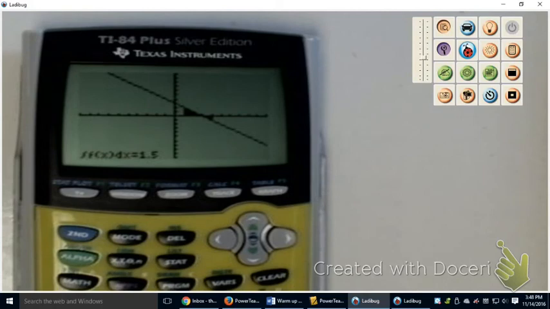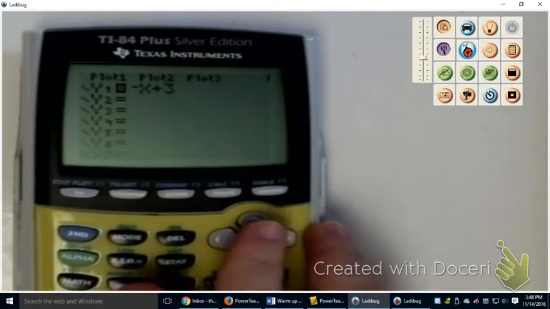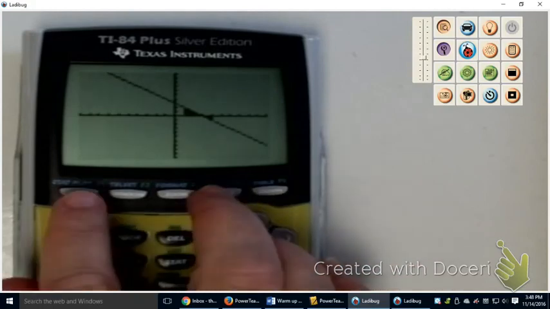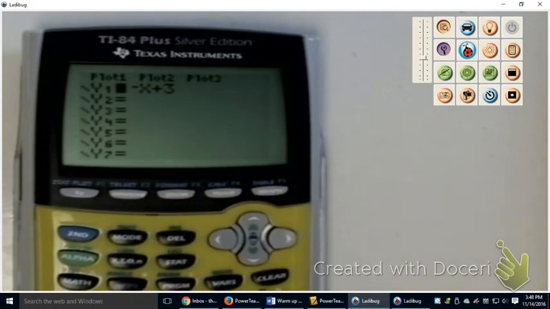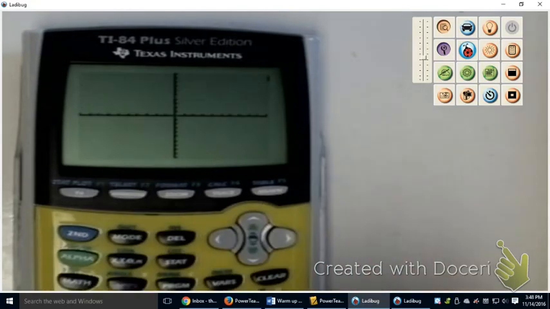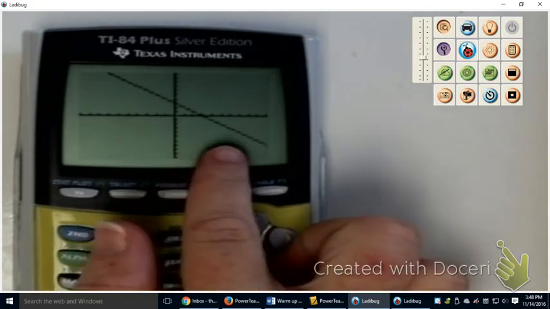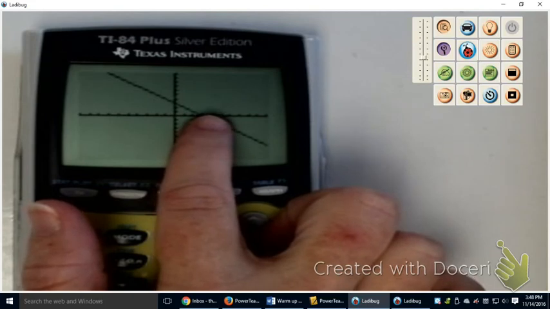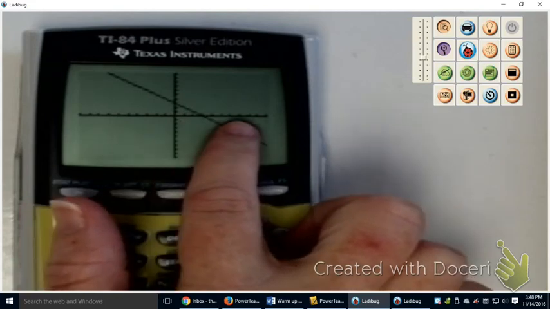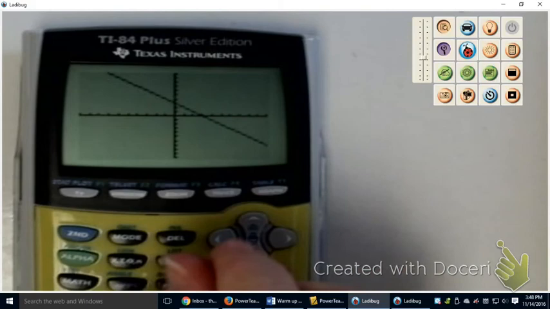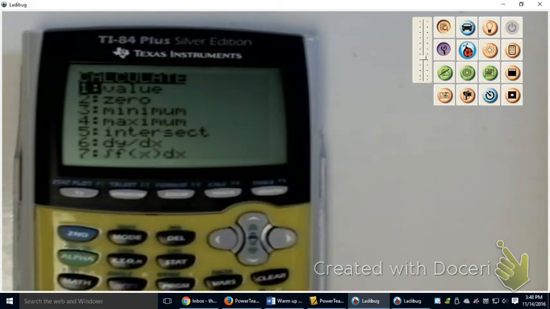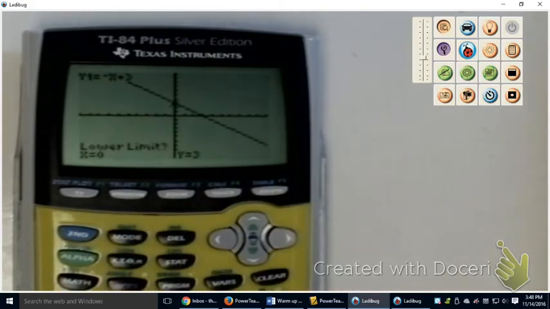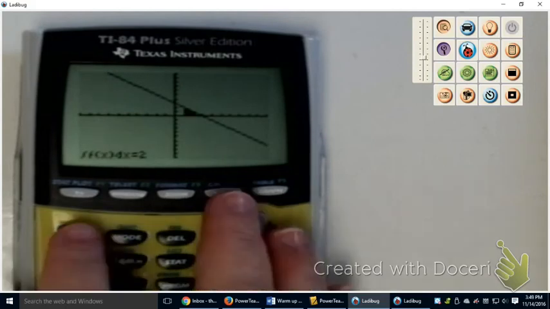So what I would really need to do, let's clear this off. I really need to find the area from 1 to 3, and then find the area from 3 to 4 and change it to positive to find the actual area. So if I'm going to do it this way, I'm going to go from 1 to 3, because 3 is where it touches the x-axis, I get 2.